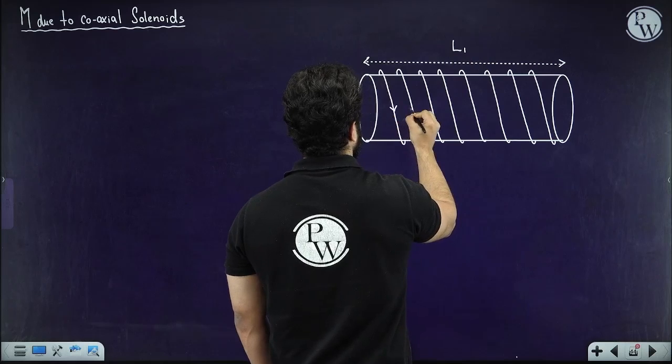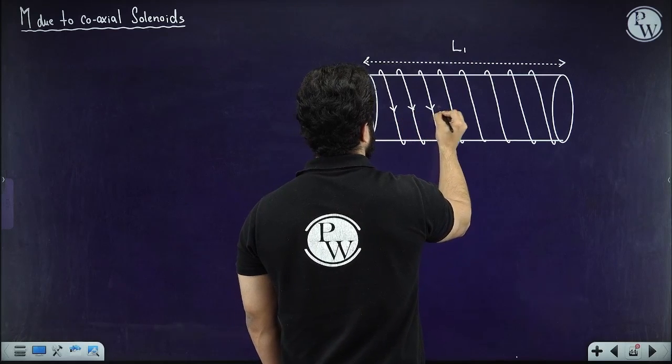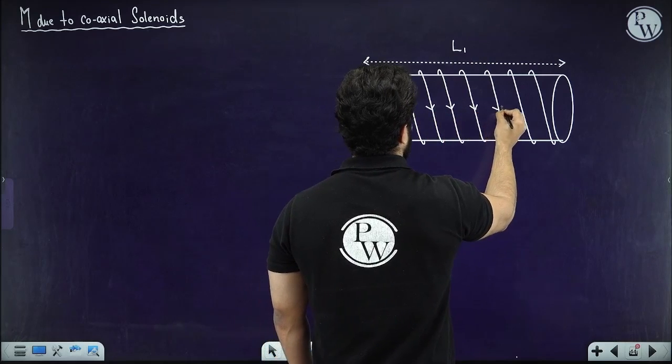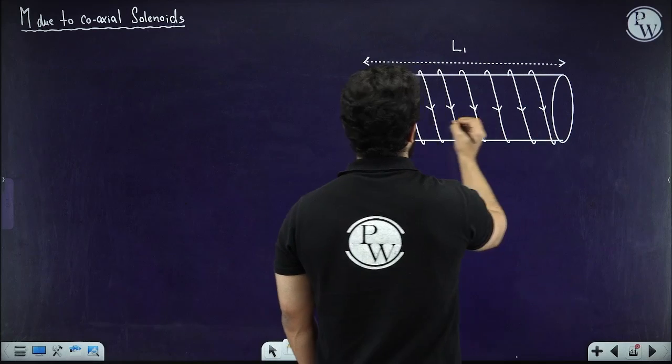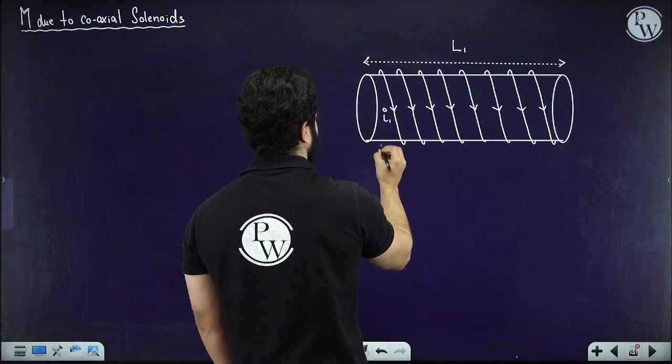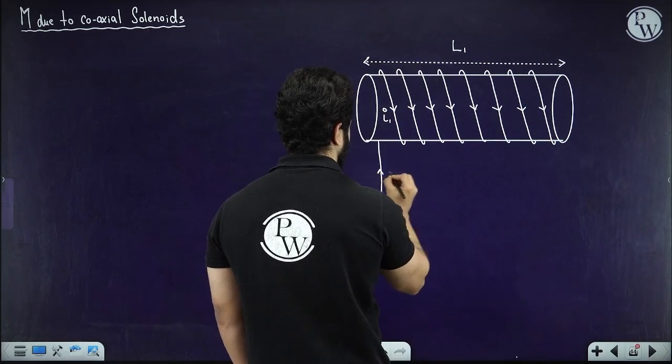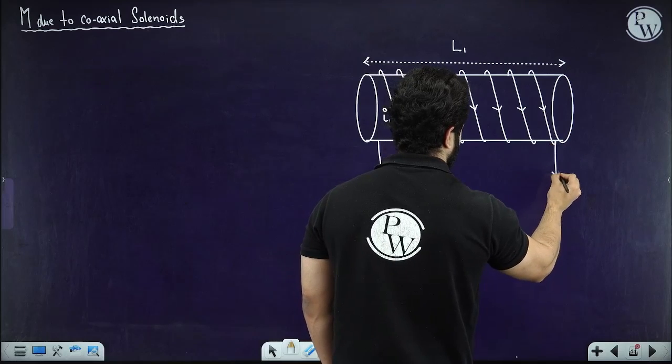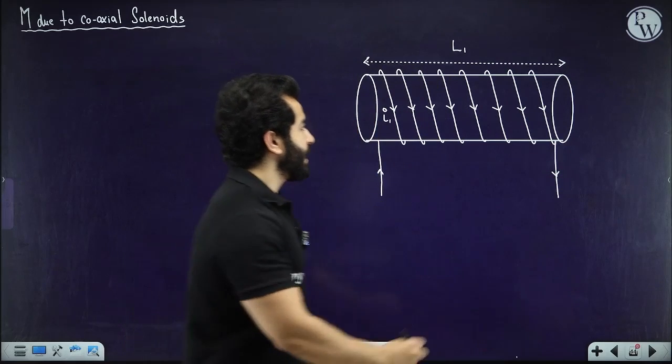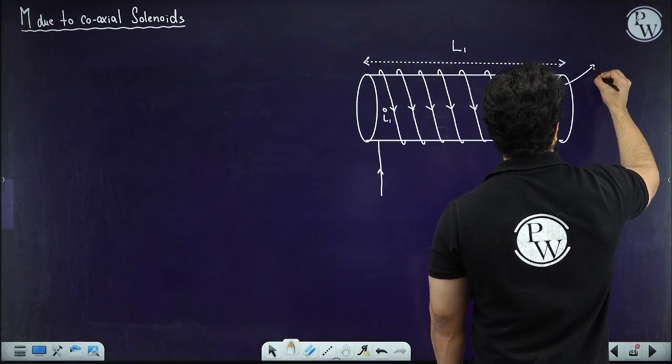The current flowing in this solenoid is, let's say, I1. This area of cross section is A1.